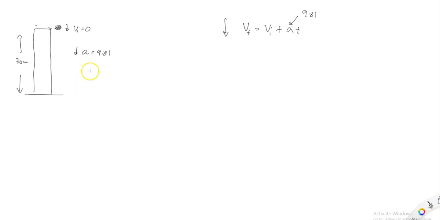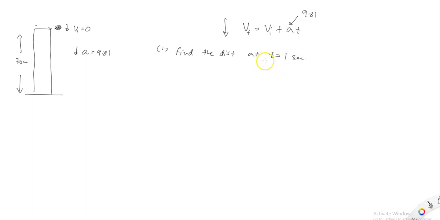The question is, find the distance at t equals 1 second.